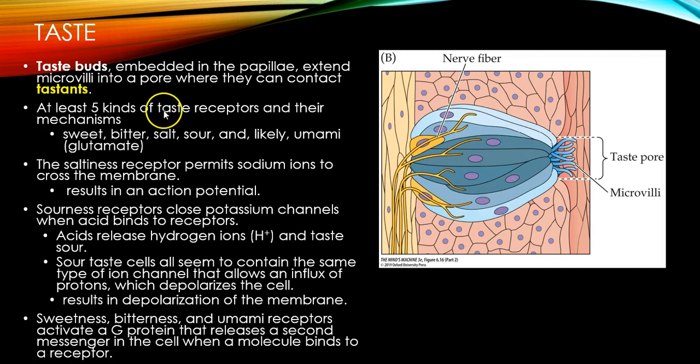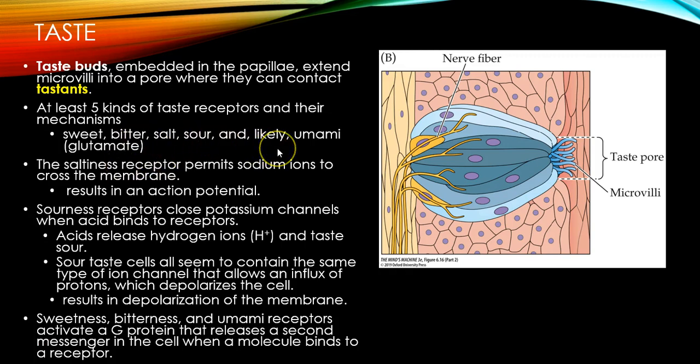We know we've got sweet, bitter, salty, sour. Those were the 4 that we thought existed for a very long time. We've recently added a 5th taste receptor, umami, which is a kind of meaty flavor, and basically seems to respond to glutamate.